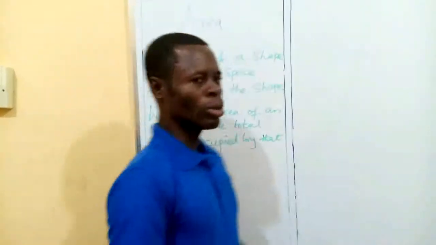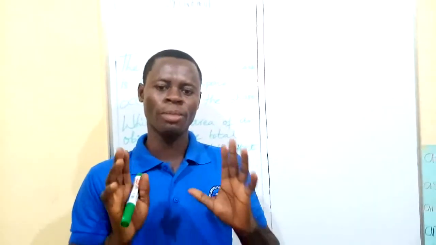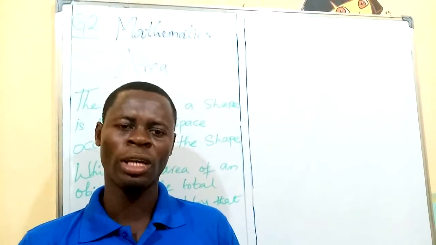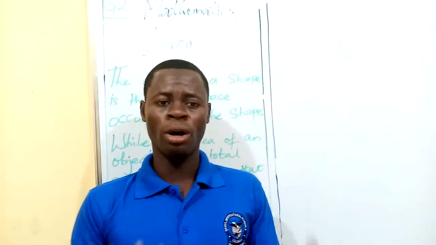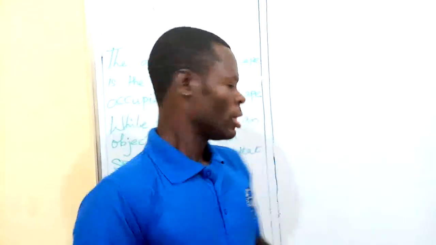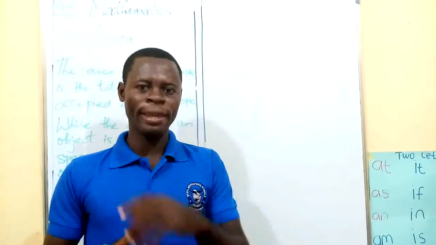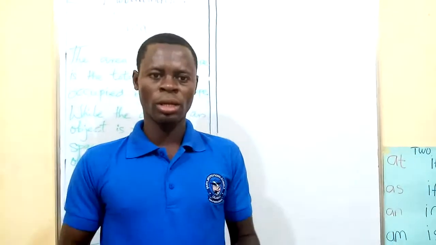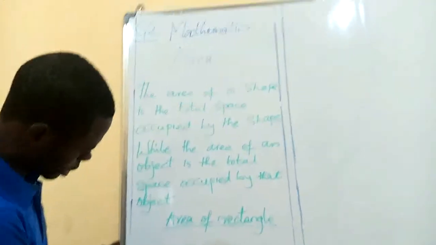Alright, next we are going to look at the area of a rectangle. We'll be concentrating majorly on the area of a rectangle, or rectangular shaped objects. What is a rectangle? A rectangle is a four-sided two-dimensional shape. It has four sides.